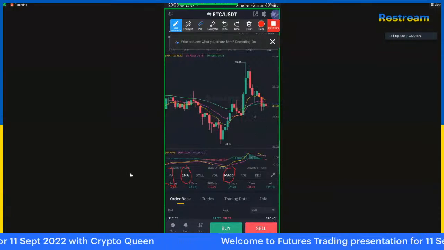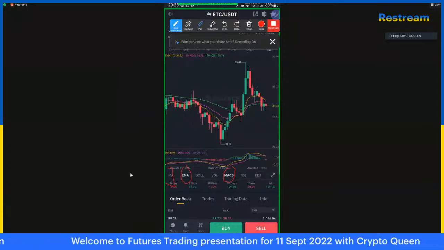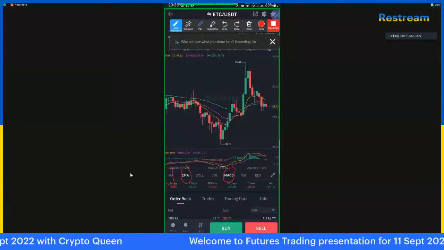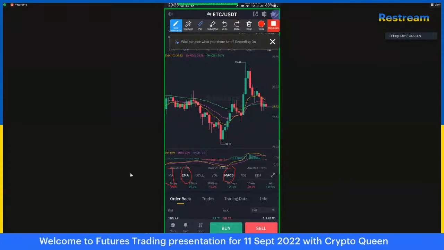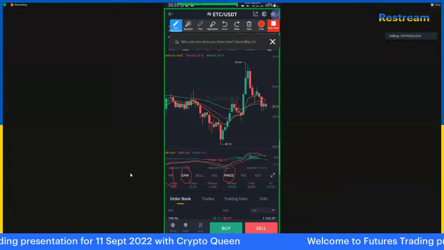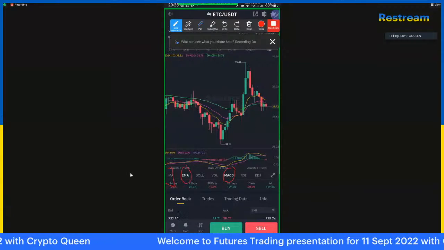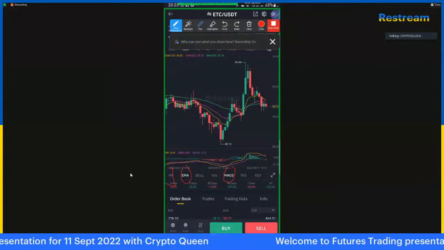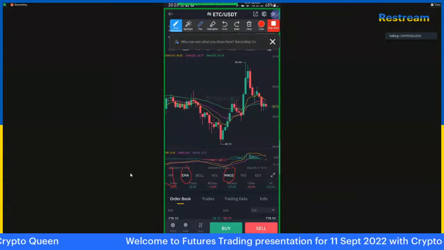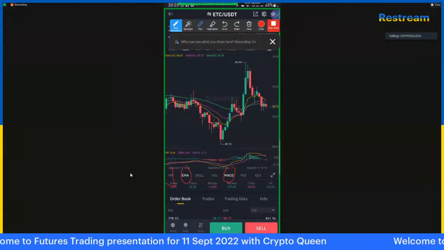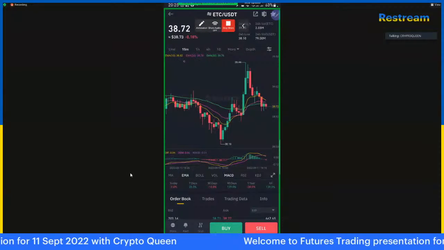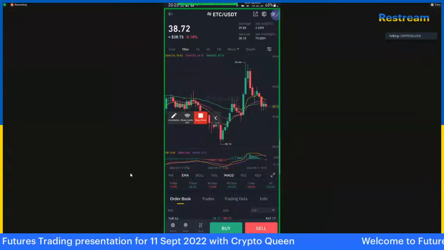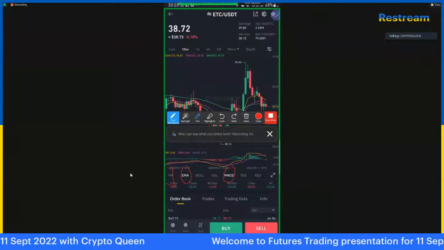It is a very, very effective indicator. It just helps you to identify the trend of any market, whether bearish or bullish. This is where we'll have the moving average shown here. We have exponential moving average, which is the one that is most accurate.